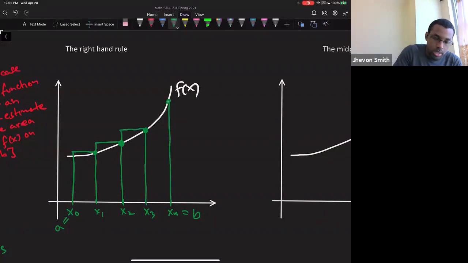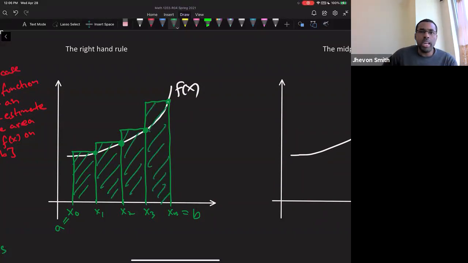Right side, touch the function, that determines the height. Now you're going to estimate the area under that function on the interval AB by the area of these rectangles. But notice that these rectangles actually have extra space that's above the function. So you're actually going to get a higher value than the actual area.